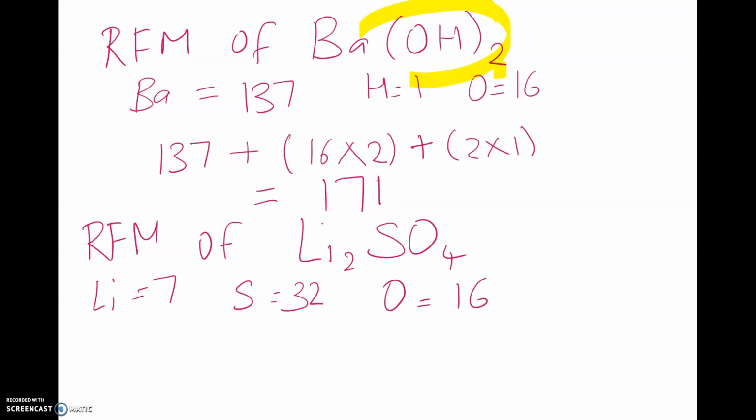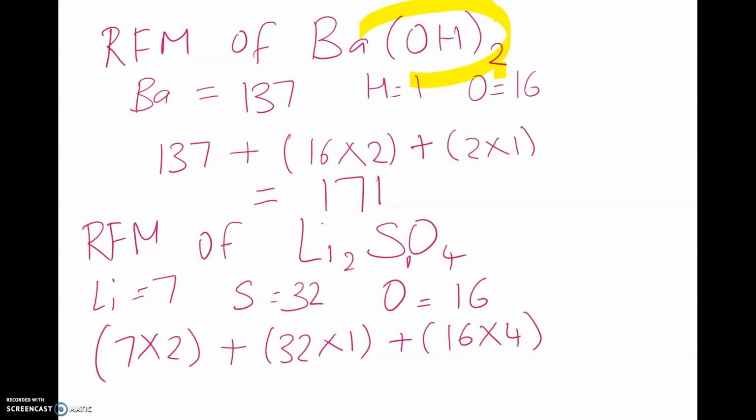Remember, Li has the 2, so you need to do 7 times 2, plus sulfur doesn't have anything, so you just do 32 times 1. Now remember, oxygen you have 4, so you do 16 times 4. If you add all of these up, you get 110.